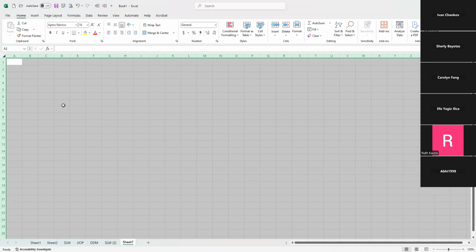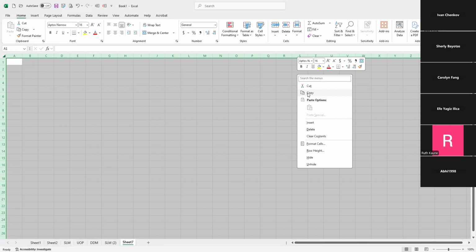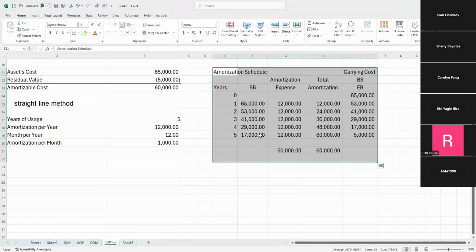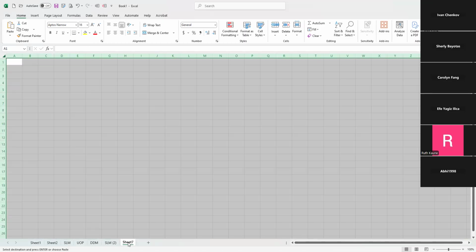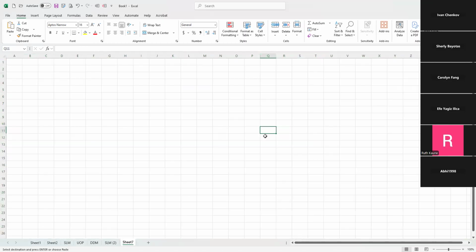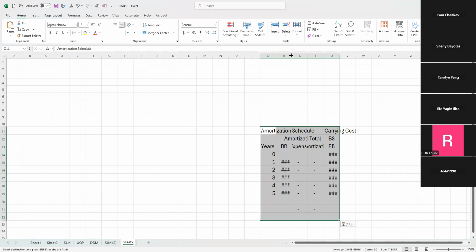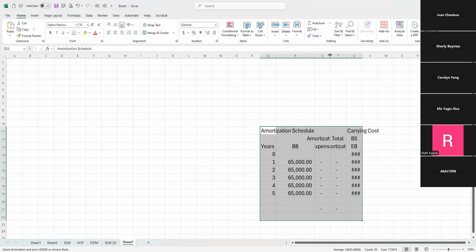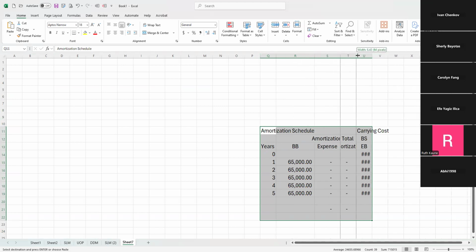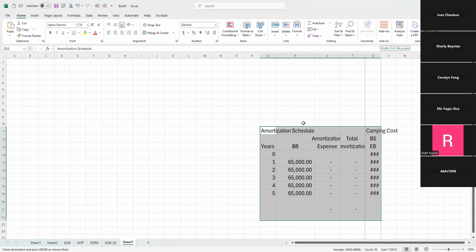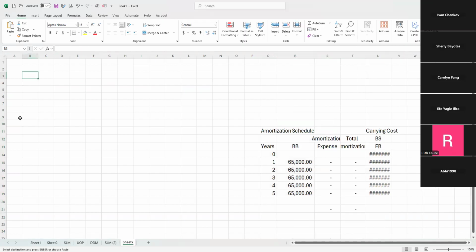I wanted to show you something. Let's say we have this example here. You can see the numbers.